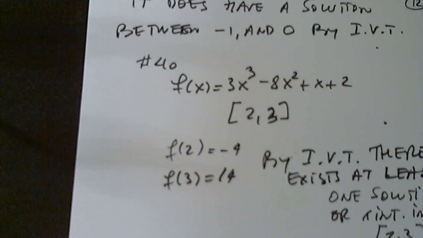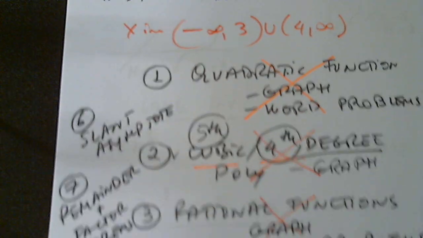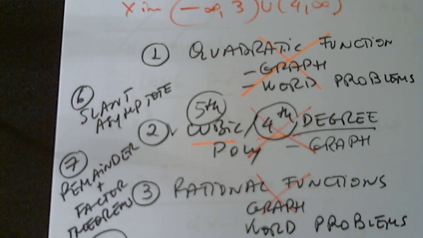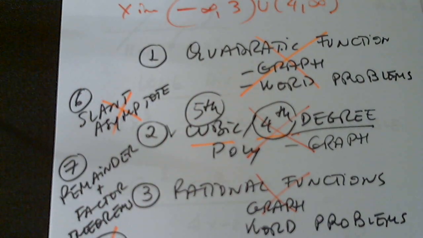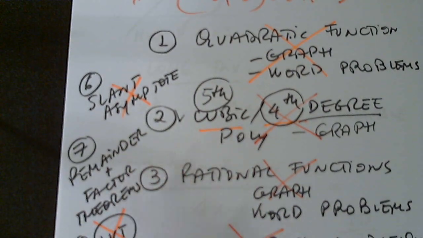So the last one that we haven't looked at. Even the slant asymptote was done, even the IVT. I will not put IVT on this test or on a final. I just want you to know it's a very simple theorem.